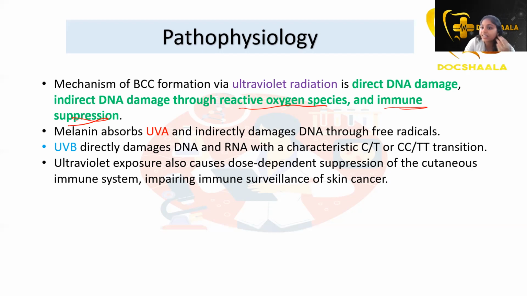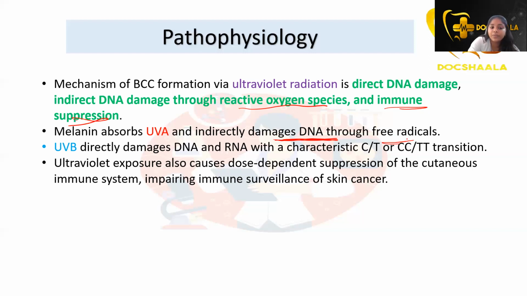We have melanin in our skin, in our hair, in our eyelashes, eyebrows, everywhere, which are the pigment cells present in the skin and its allied tissues, right? So when melanin absorbs UVA type of ultraviolet rays and causes indirect damage to the DNA through free radicals, then only this basal cell carcinoma occurs.